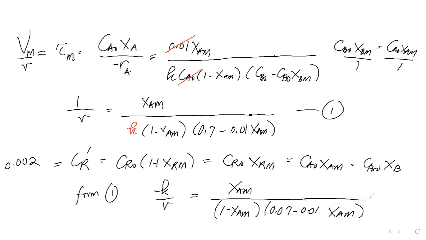That's from our equation 1. I can solve for the ratio of K to V, which are all constants, by getting the value of XAM in here.